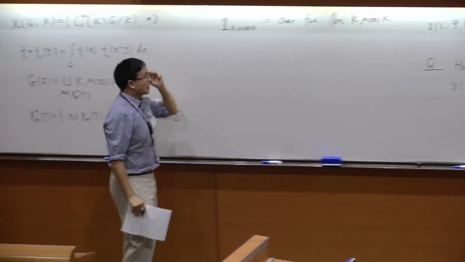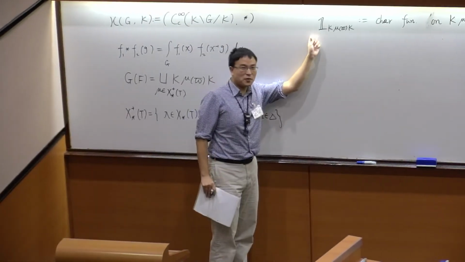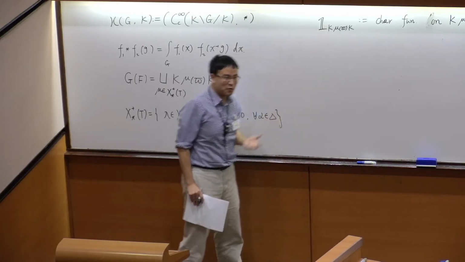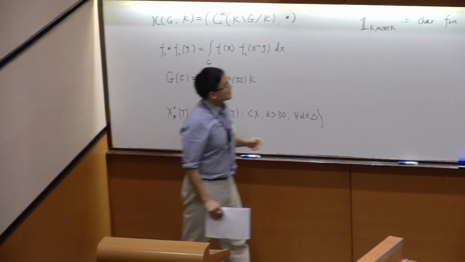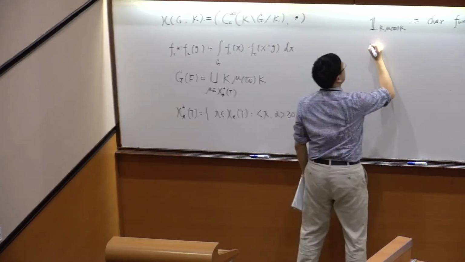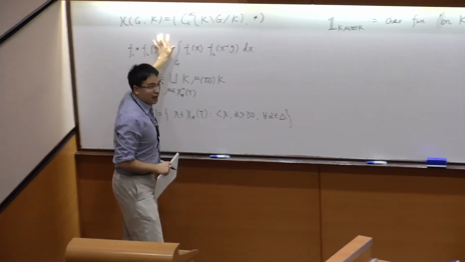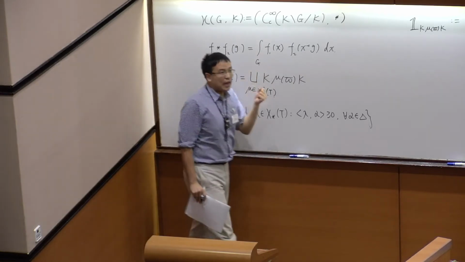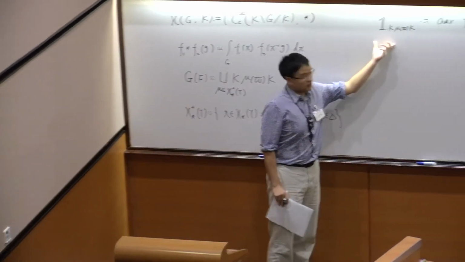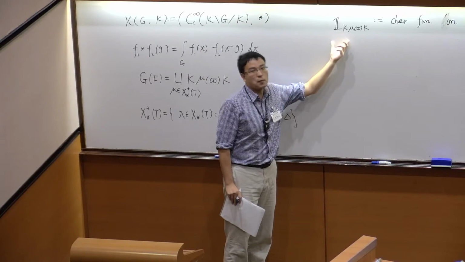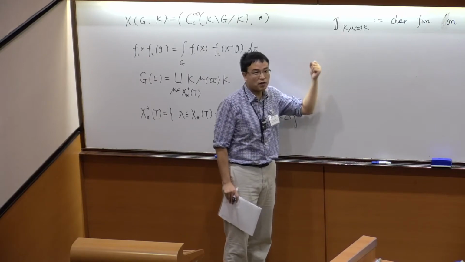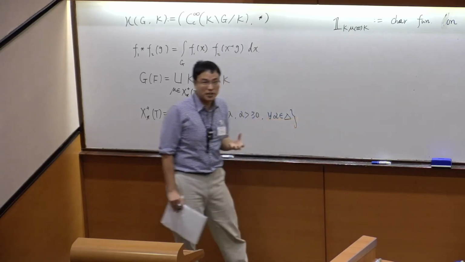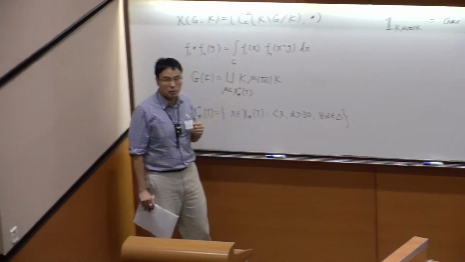I'm going to use this notation for the characteristic function instead of the trivial representation. So we have a basis for this Hecke algebra now. If you use the convolution to calculate the multiplication of two characteristic functions, you will see they are commutative. So this gives us a commutative algebra.